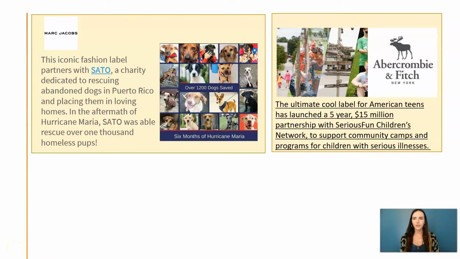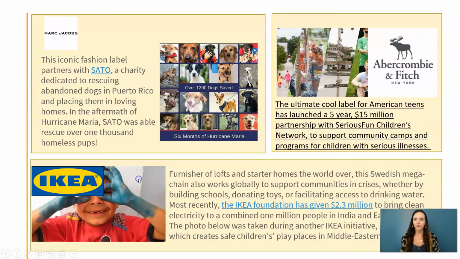Another company using corporate social responsibility is IKEA. IKEA are doing lofts and starter homes all over the world. The Swedish mega chain also works globally to support communities in crisis, whether by building schools, donating toys, or facilitating access to drinking water. The IKEA Foundation has given over $2.3 million to bring clean electricity to 1 million people in India and East Africa.